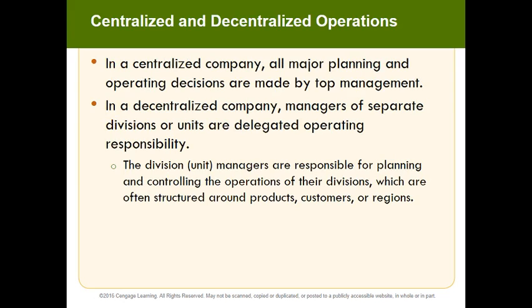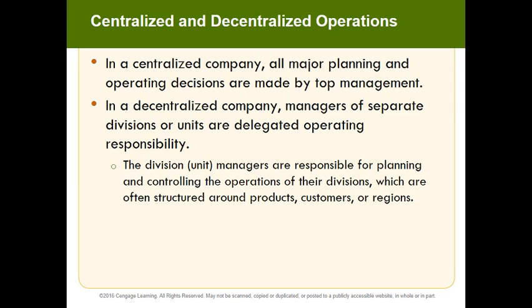So, in a generalized centralized company, all of the major planning and operating decisions are made by top management. You're looking at CEOs, very high up. However, in a decentralized company, managers in different divisions or units have delegated operating responsibility, meaning they're held accountable for certain things.